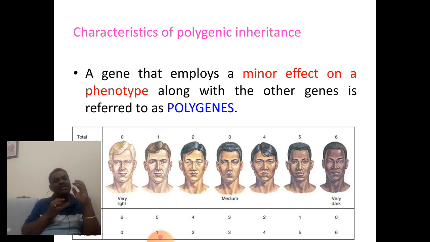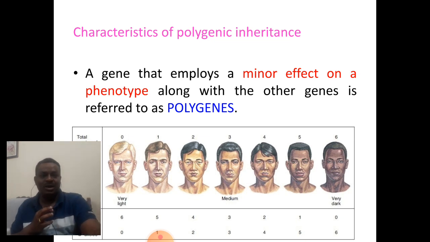A gene that exerts a minor effect on the phenotype along with the other genes is referred to as polygenes. So in simple, when many genes influence a single phenotypic trait, we call it a polygenic trait.